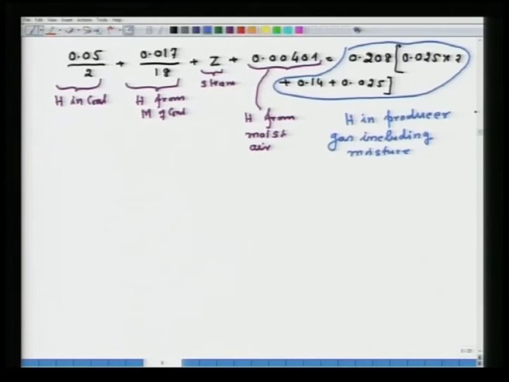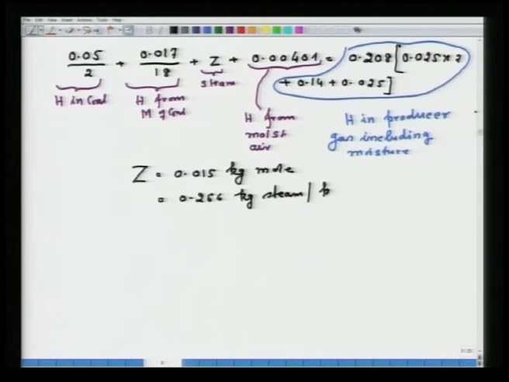If you are doing it cold, then it is H2O; if it is hot it is steam. So, that is the hydrogen balance. I have written this so that you can orient yourself with what I have done. Now I have to simplify this, you can do it. So, the value of Z is equal to 0.015 kg mole, that is equal to 0.266 kg steam, of course, per kg coal.